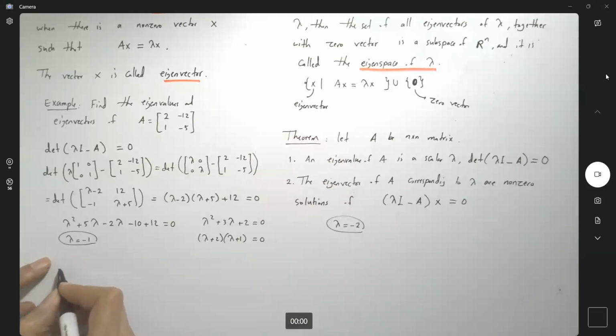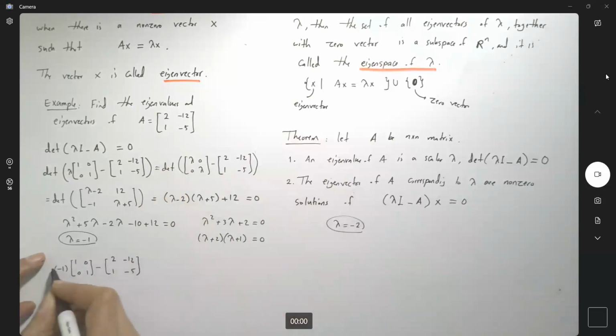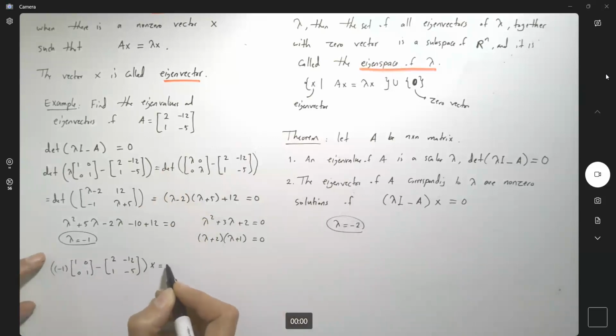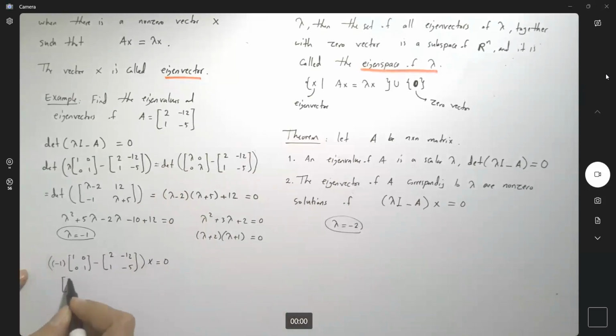So here you have -1 times 1, 0, 0, 1, which is your identity matrix, minus matrix A, which is given to you as 2, -12, 1, and -5, times x equal to 0. Perfect. So we get -1, 0, 0, -1, minus 2, -12, 1, and -5.